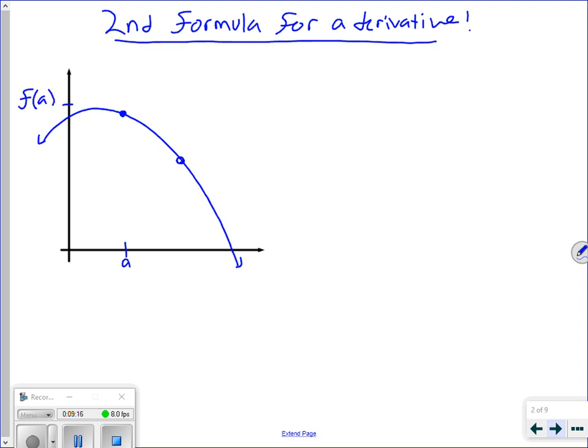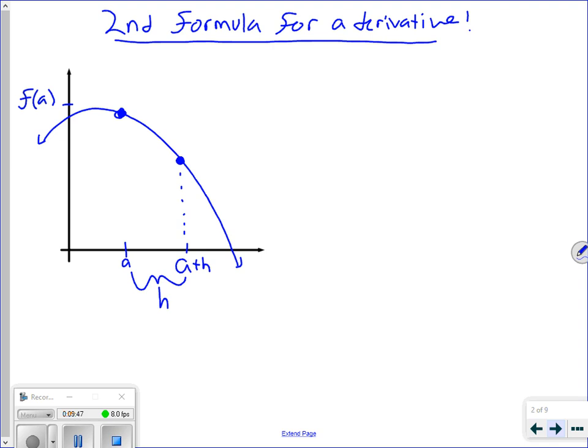Now, I'm going to choose a point over here, but to help me write the second definition, I'm going to use different notation. I'm not going to call that x anymore. I'm going to call it a plus some distance between them, and we'll call that distance h. We'll call the distance between a and my second point h. So if this point is a, this point over here would be a plus h, the difference between them.